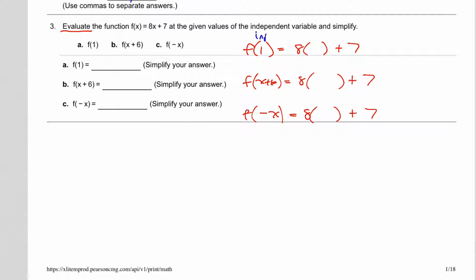It's asking for the output. So you input the 1. What is the output? The output is 8 plus 7, which is 15. So that will go here.